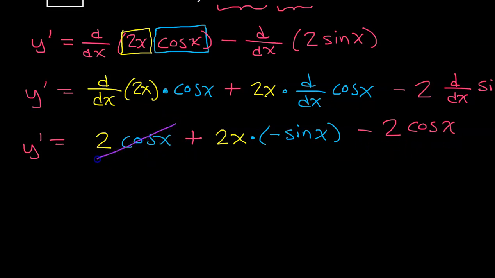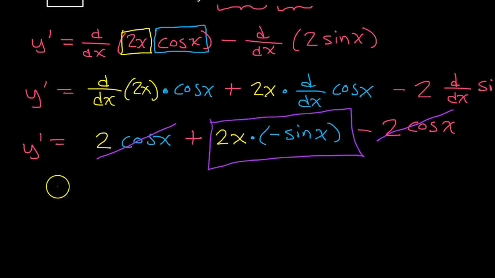So clearly those are going to cancel each other out, and that's just going to leave this part. So that's why the final answer will be y prime is equal to negative 2x sine x. All right, a positive times a negative is a negative, so I went ahead and put the negative in the front.